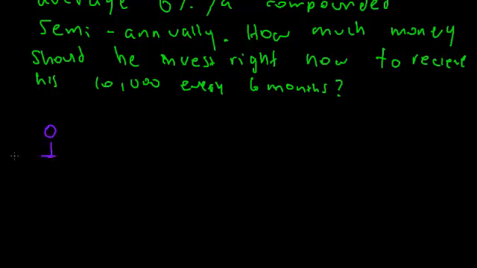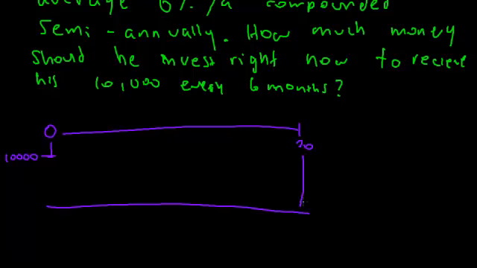Here he just has his 10,000, and in his 20th year he will have, because it's compounded semi-annually, the 10,000, and this has been compounded, because this is semi-annually, the i would be divided by 2 for the 6%.